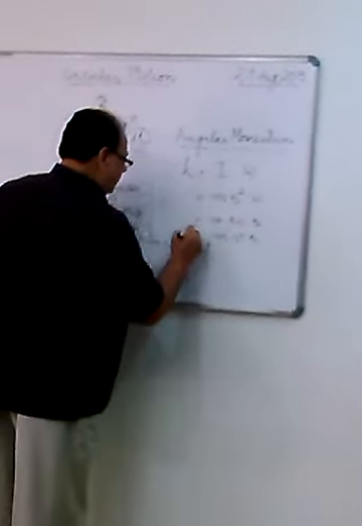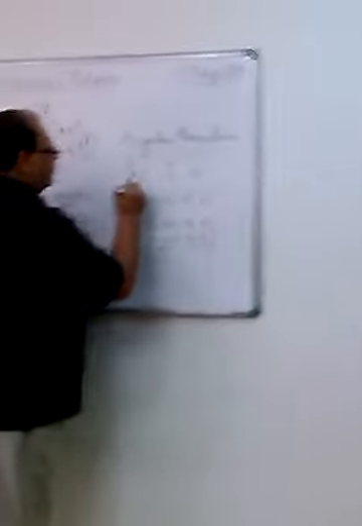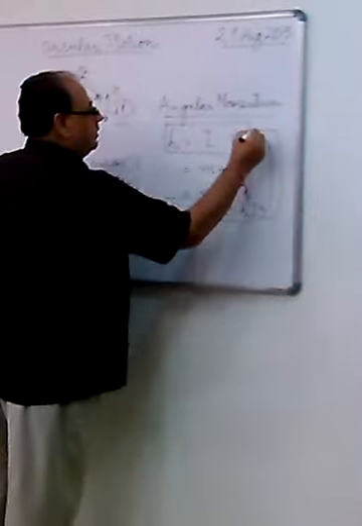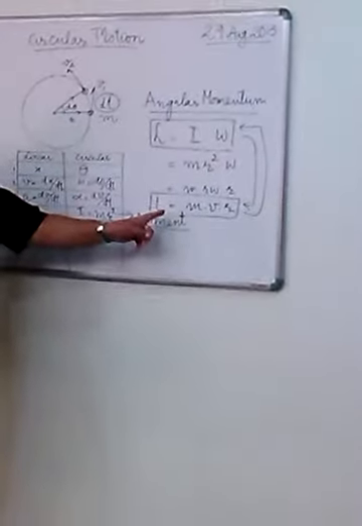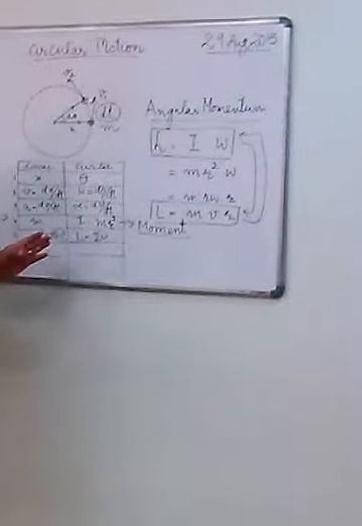It is extremely important to note this. From this derivation, you can go from here to here, or from here to here. Both equations are the same. This tells you that angular momentum can be expressed in terms of linear momentum.